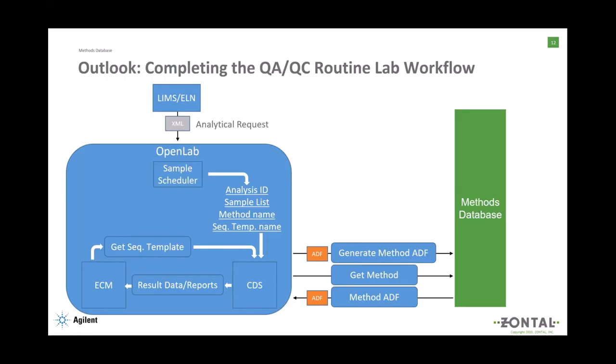And here what we have, as mentioned before, is the OpenLab suite, and on the other side in green the ZONTAL space with the method database incorporated. So what is typically the situation we have in QA/QC routine? The driver, the master, the primary instance, you have to say today, is the LIMS.